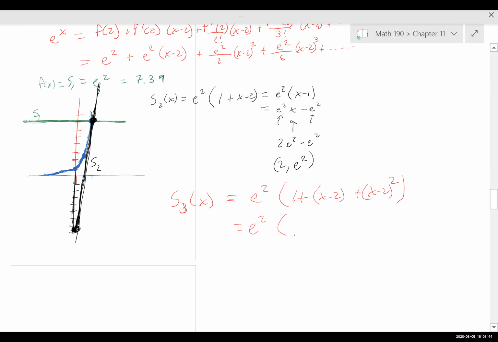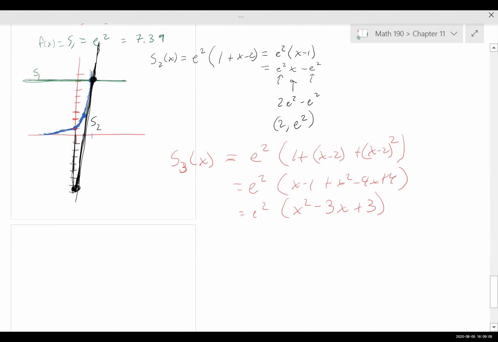This is e squared times x minus 1 plus x squared minus 4x plus 4, so e squared times x squared minus 3x plus 3. Redistributing the e squared, this is e squared x squared minus 3e squared x plus 3e squared. And it's going to be a quadratic.